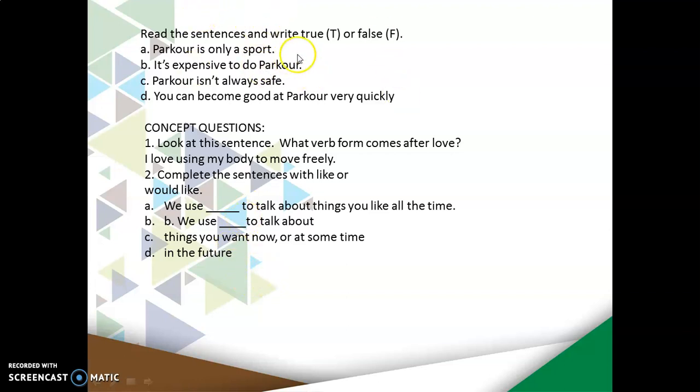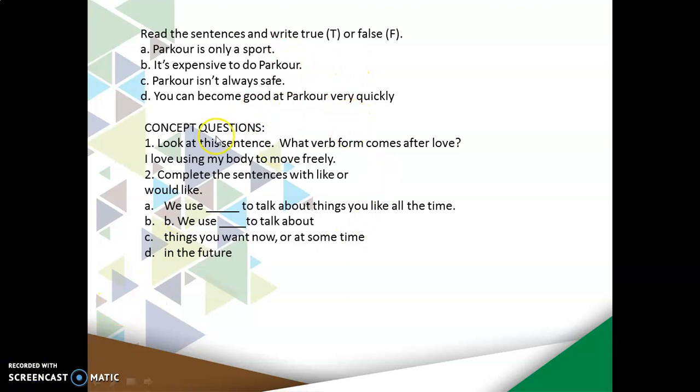Then we can give them a reading exercise to verify implicit or literal information, such as a true or false exercise. For example, parkour is only a sport, and so on and so forth.